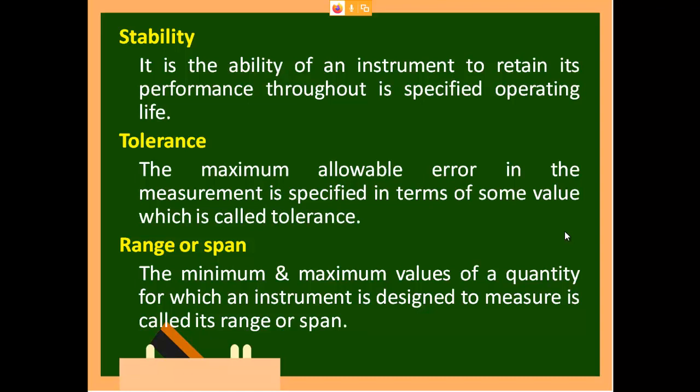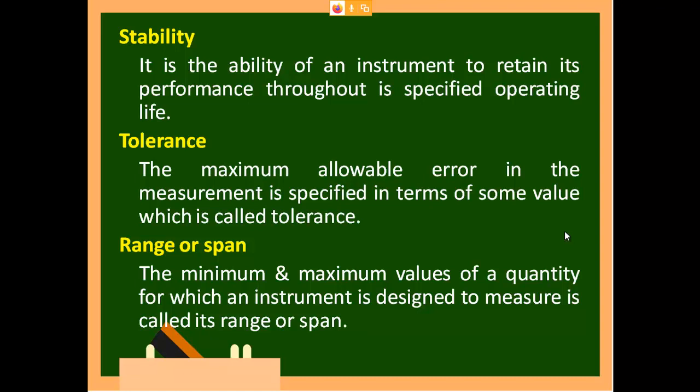Tolerance is the maximum allowable error in the measurement, in terms of some values. Usually in your resistor coding, the last band, you might have seen gold color, silver color, which tells about your tolerance, whether it is 5% tolerance or 10% tolerance, so it shows how much percent is tolerance.